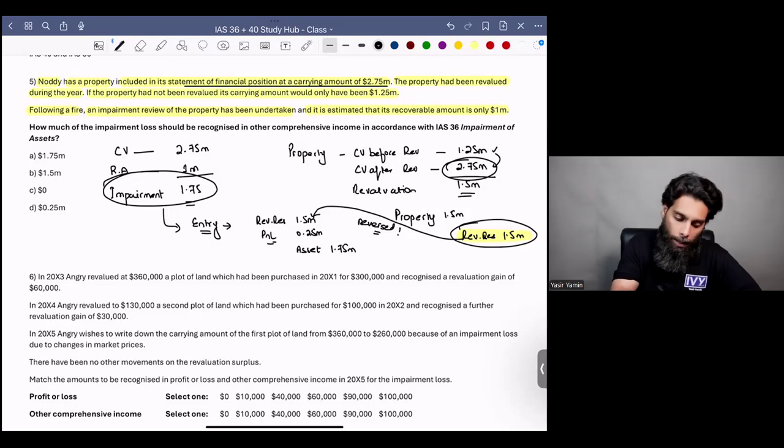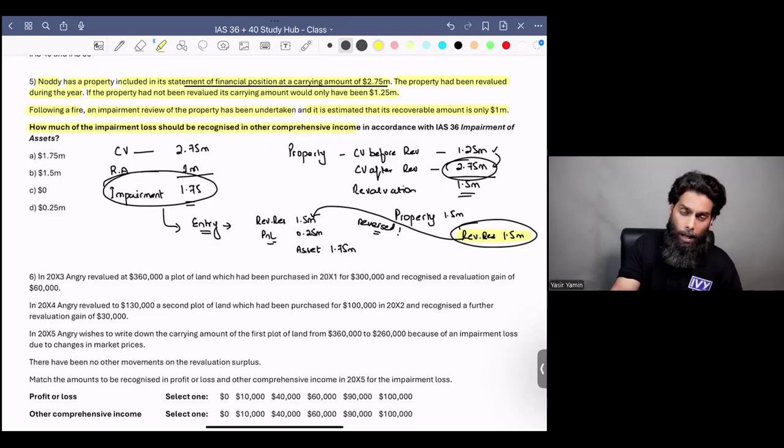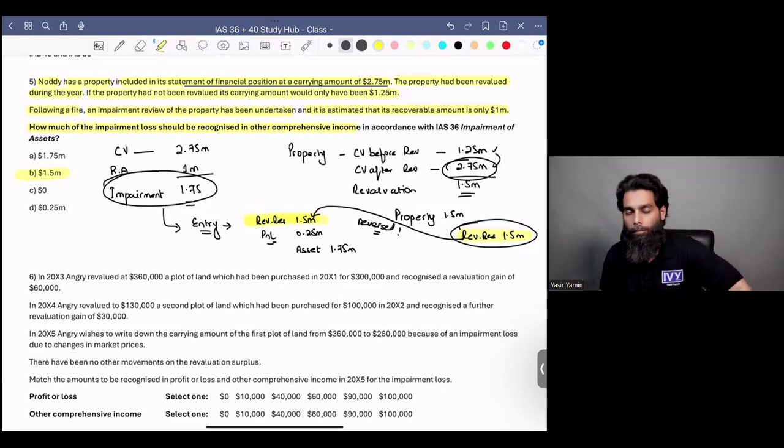Now, your examiner asked you how much of the impairment should be recognized in the other comprehensive income in accordance with IAS 36 impairment of assets. How much will be recognized under OCI? Is it clear to everyone? The answer should be 1.5. Done, dusted? I hope it is clear.